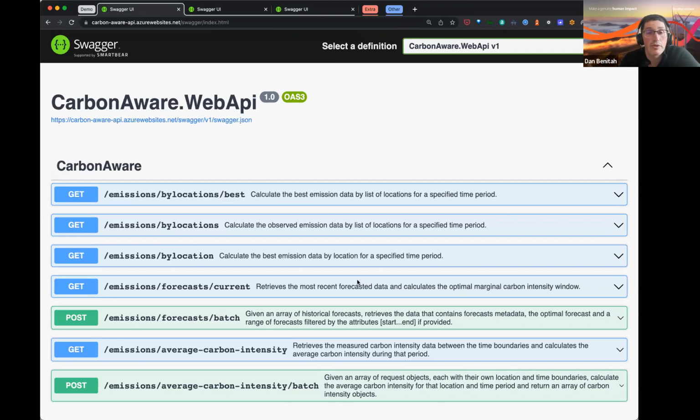So like I said, we've got 3 categories of endpoints. At the top, we've got the ones about location, which are about what may have happened in the past. So you can go back through consumption and check what the carbon intensity was at a given time, and for a given location or for multiple locations. And then we've got forecast, which, as it says, is about the future.